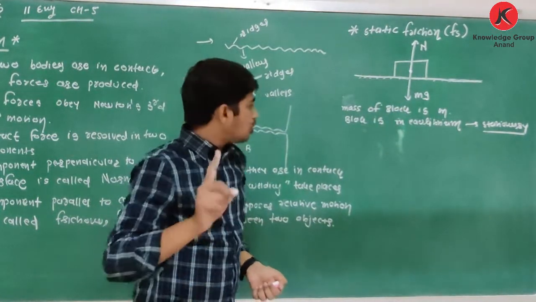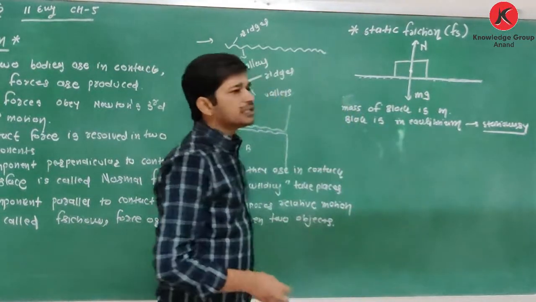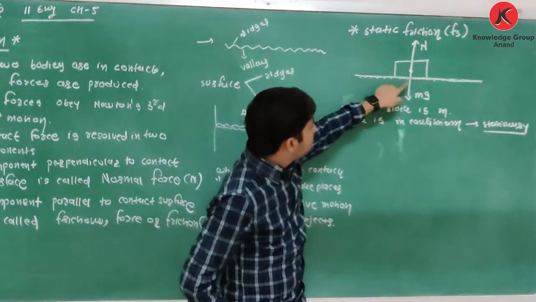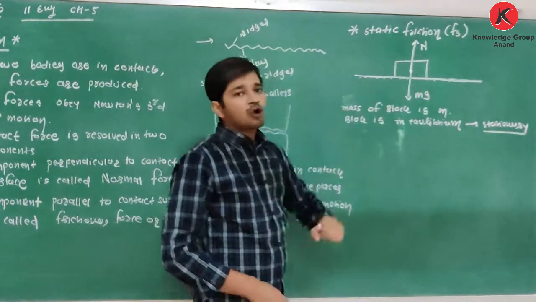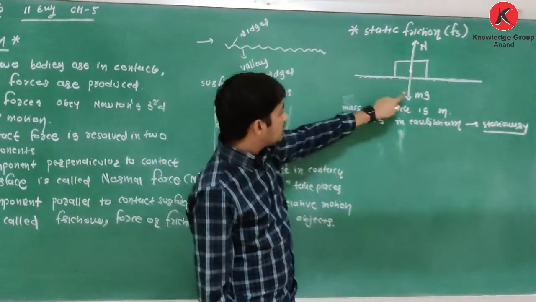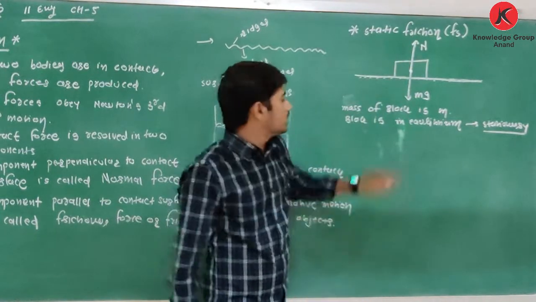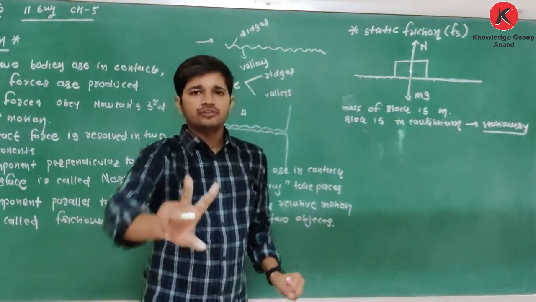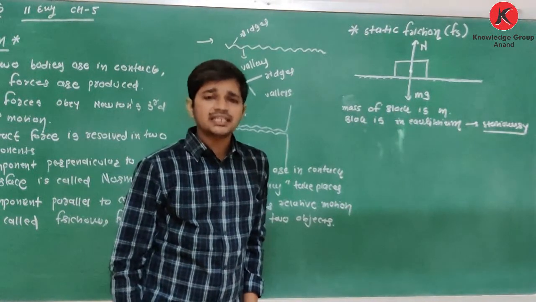If the block is in equilibrium, this weight is balanced by the normal force, or mg is cancelled by the normal force, or the resultant of these two forces is 0.